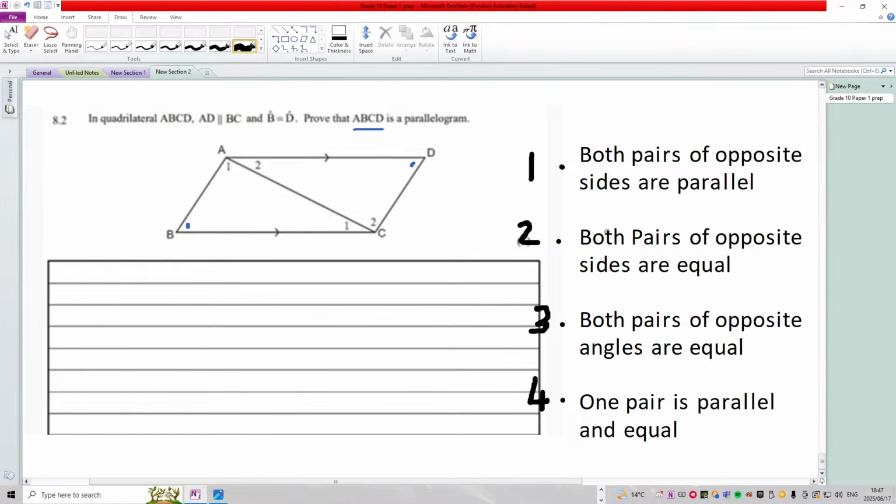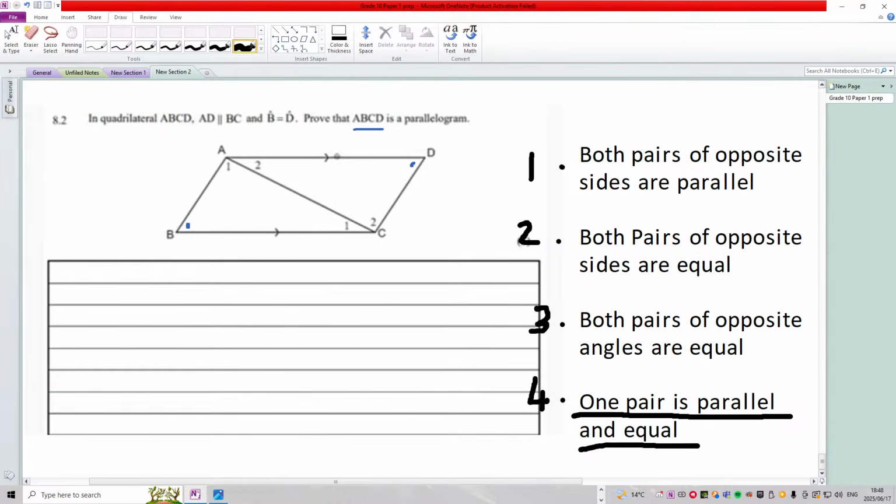If both pairs of opposite sides are parallel, this is a parallelogram. If both pairs of opposite sides are equal, it's a parallelogram, no matter what. If condition 3, both pairs of opposite angles are equal, it's a parallelogram. If one pair is parallel and equal, what does that mean? The last one is maybe a bit confusing.